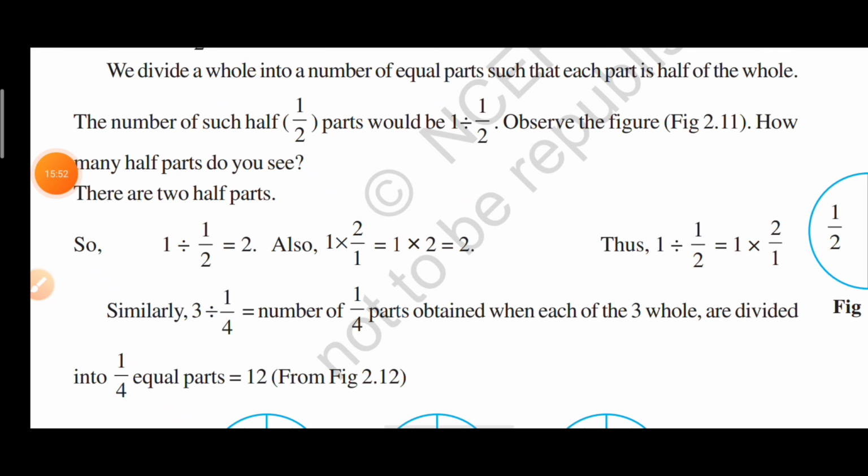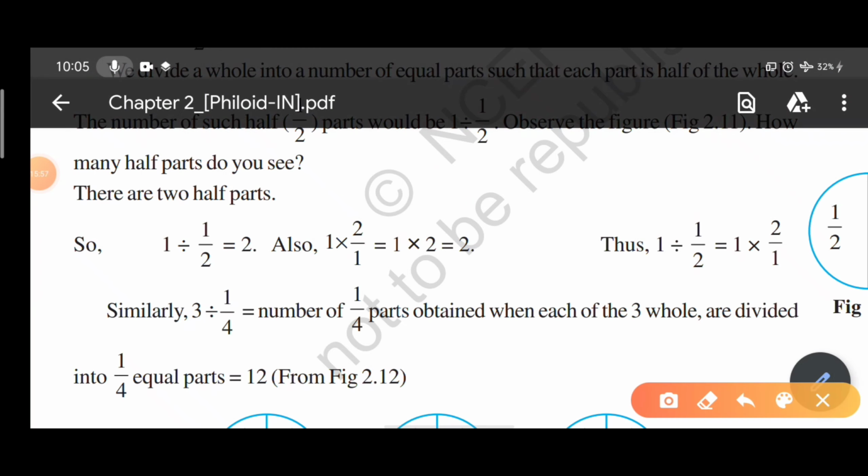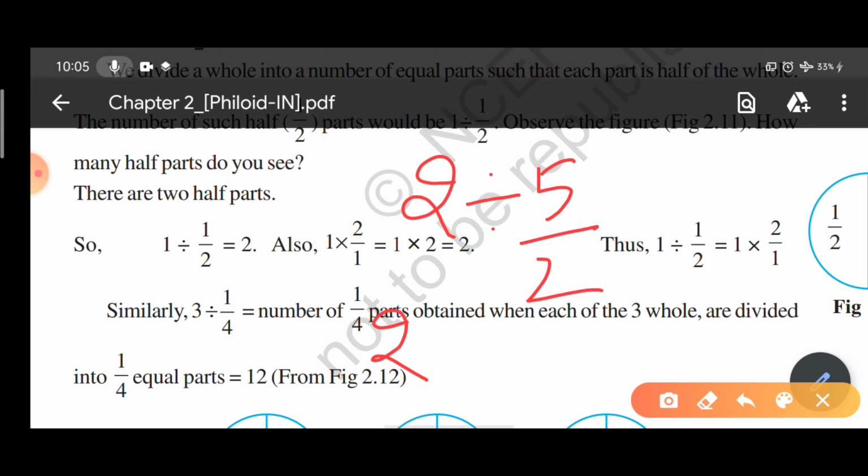Now when the problem is a division problem, you have to keep in mind that if I have to divide this particular problem by 5 by 2, what I'll do is just convert this sign into multiplication and reverse this particular value. So what does reciprocal mean? Reciprocal means you have to shift the positions of numerator and denominator.